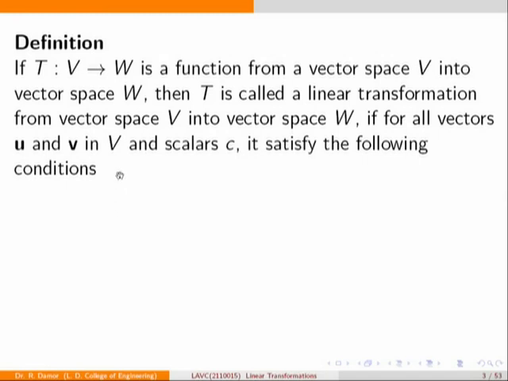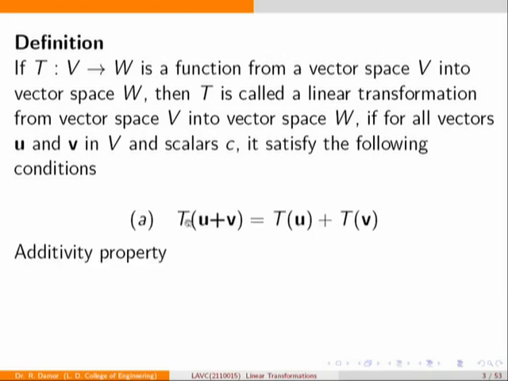The first is T of U plus V equals T of U plus T of V. This is known as the additive property. For two vectors in this vector space, the image of their sum must be T of U plus T of V. So this transformation possesses the additive property.